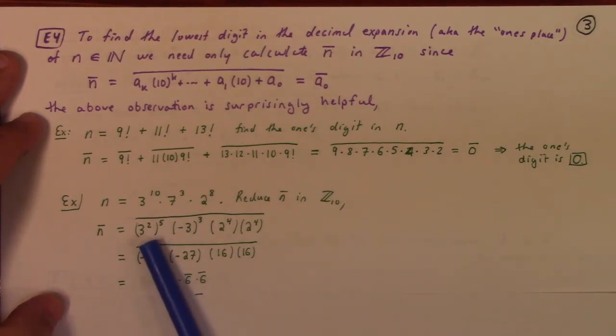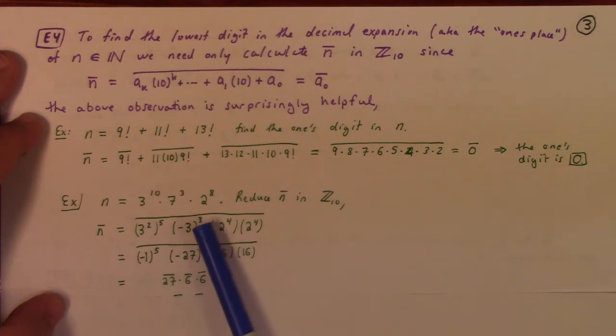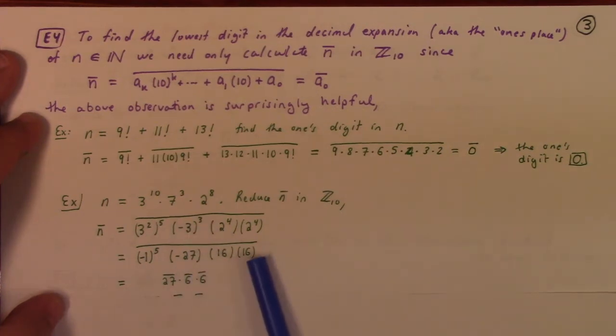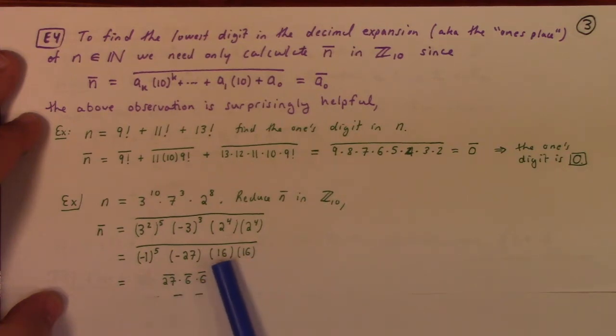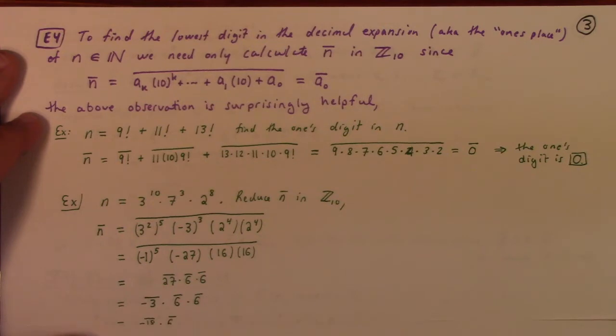So 3 squared is 9. 9 is minus 1, so I got minus 1 to the 5th. I got my minus 27. I got my 16 and my 16. But 16 I can reduce to 6 because 16 is congruent to 6 mod 10, right? So that gets us down to minus 1 times minus 27 is 27 bar. And 27 is congruent to minus 3.